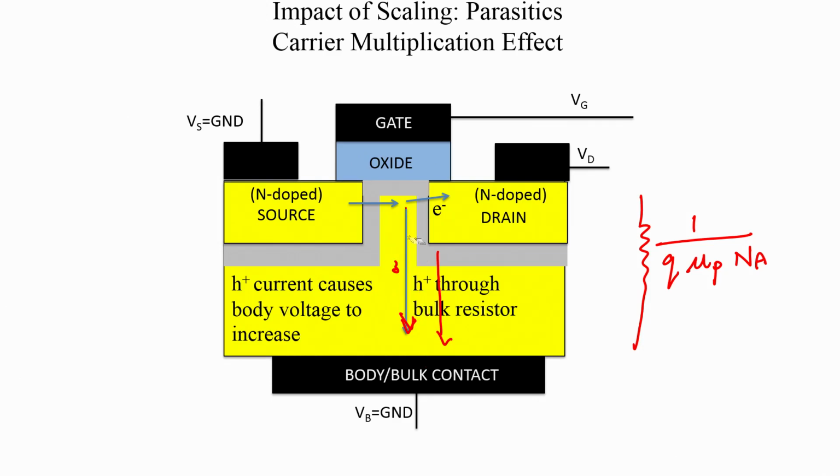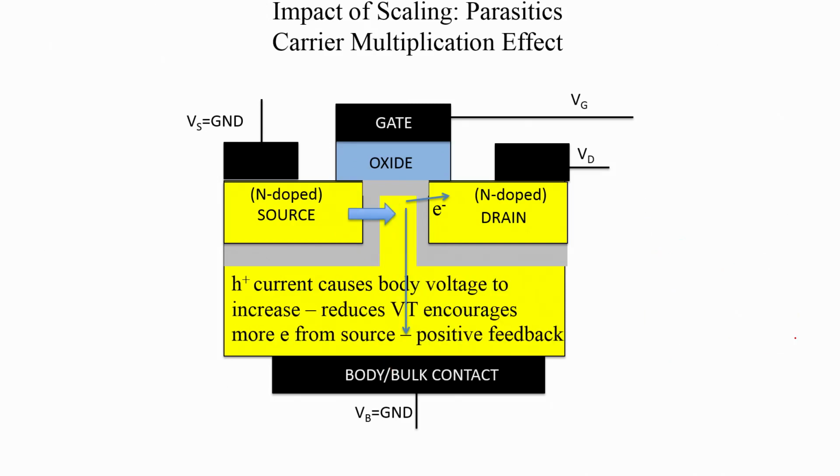So, we have a hole current flowing through the bulk, which has some resistance, and therefore the potential of the bulk begins to increase if this hole current increases. If Vb, the potential of the bulk, starts to increase, Vbs starts to increase. And what happens then? The junction gets forward biased and it is going to reduce the threshold voltage.